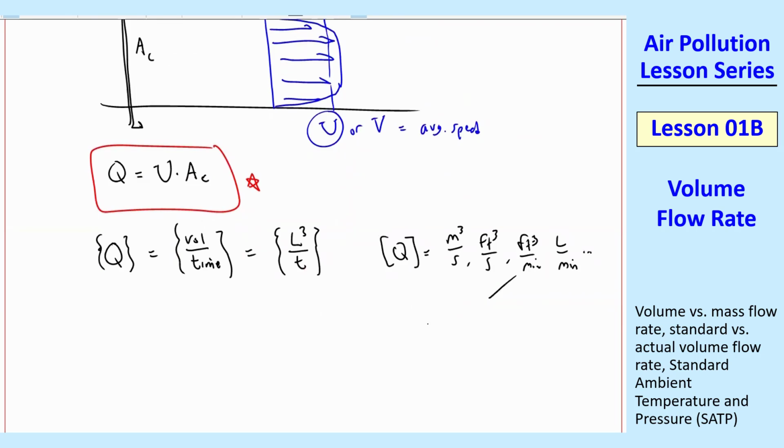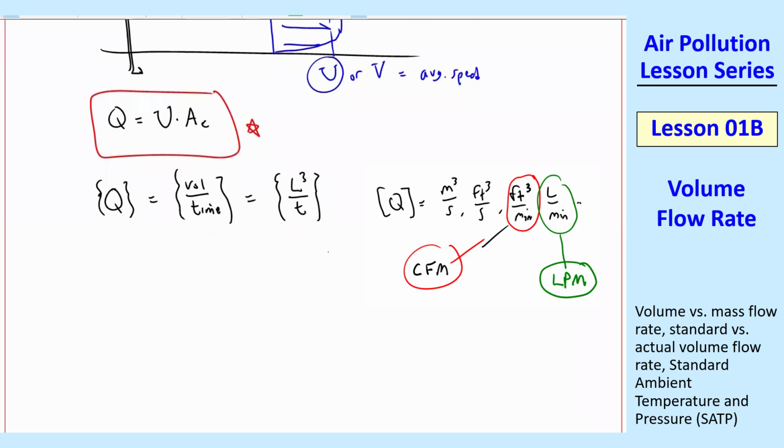There are some special cases, such as CFM, cubic feet per minute, which is commonly used in the HVAC industry and with air pollution studies, and LPM, liters per minute, is also popular if you use metric. Unfortunately, this air pollution business is a mix of English and metric units. So we'll do both as necessary.